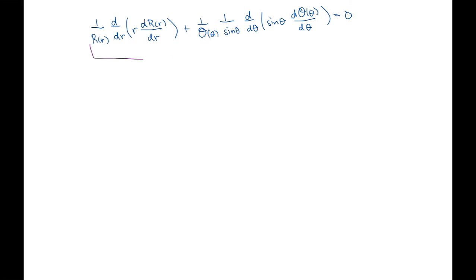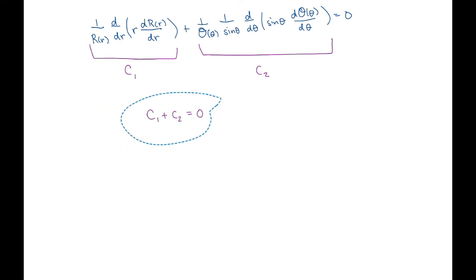I can define this one as C1 and this whole second term as C2, and I know that C1 plus C2 have to equal 0. That's just like what I did before.